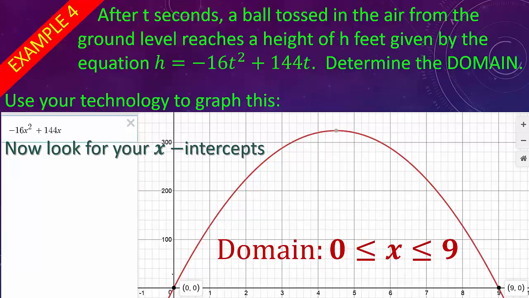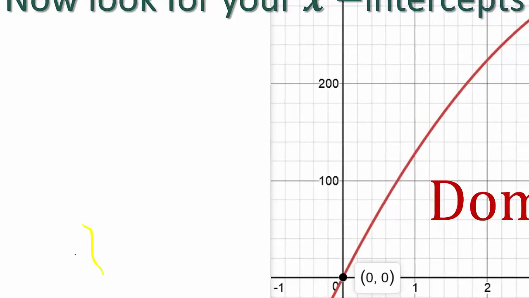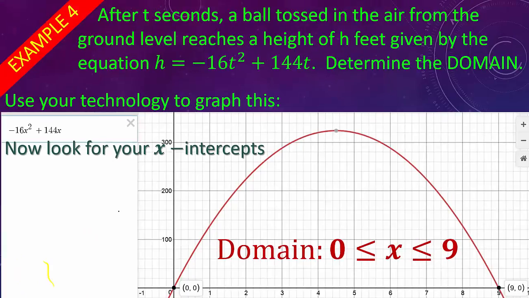Okay, so our x-intercepts, they're labeled on there, but just so that you can see where I'm talking about, let me zoom back out if I can. Come on. There we go. All right. So our x-intercepts are right here and here, and all you have to do is look at the x value at those spots. Okay?